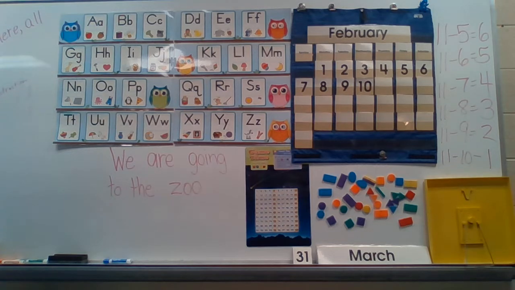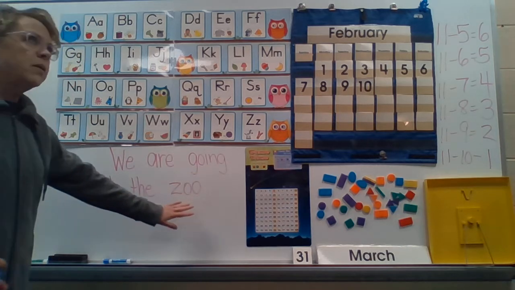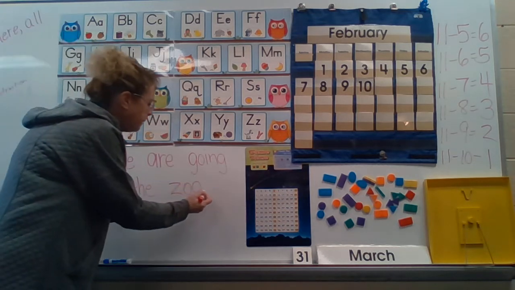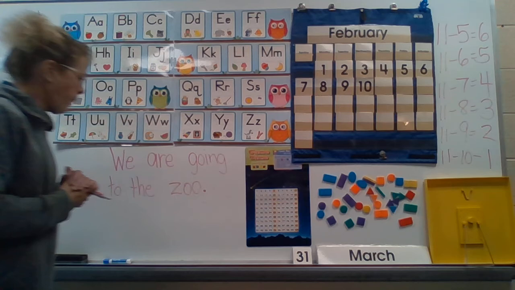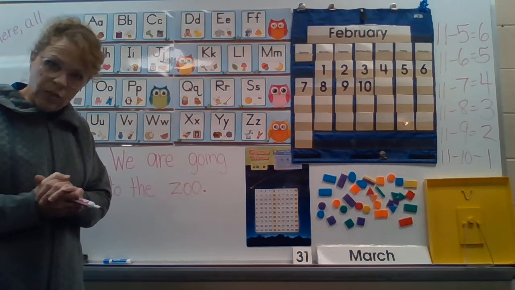Z-O-O, zoo. We are going to the zoo. And I'm just going to put a period there. And then I'm going to go on and say something else about going to the zoo.